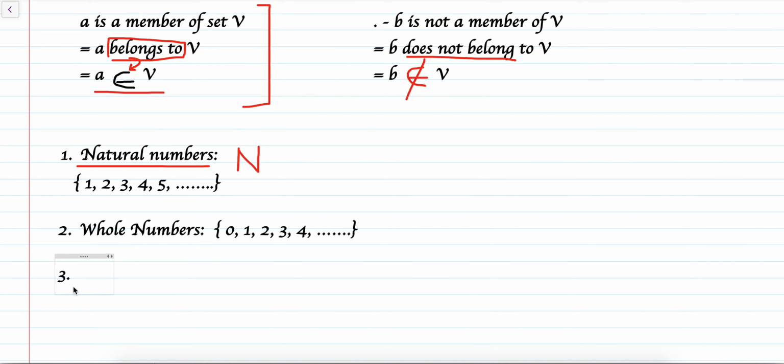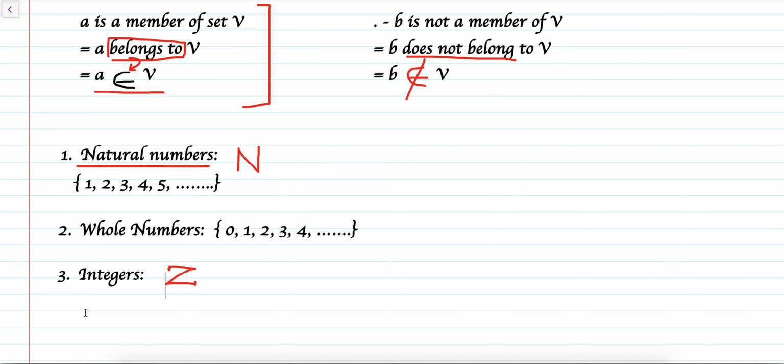Our third example would be integers, and this also has a well-defined symbol, which we usually denote using capital Z, or sometimes you will see I also, but capital Z is more prominently used.